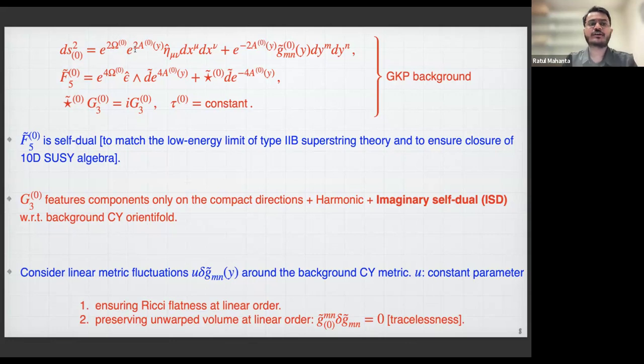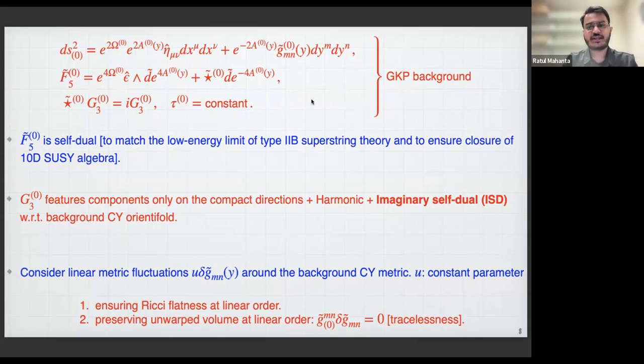The Weyl factor is written here, which can be adjusted so that upon compactification, the 4D Einstein-Hilbert term is canonically normalized.